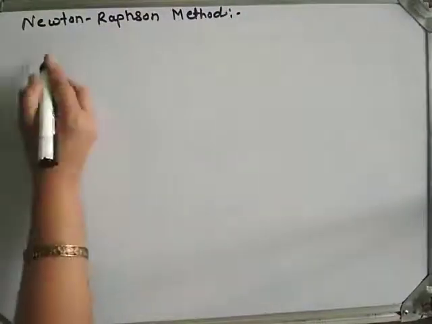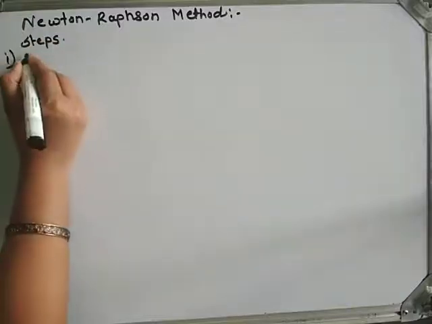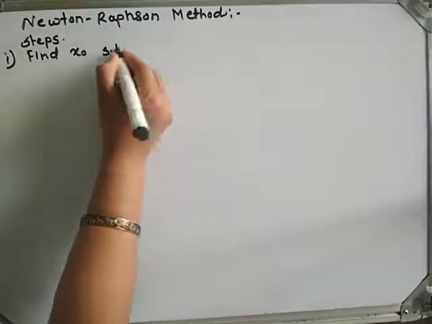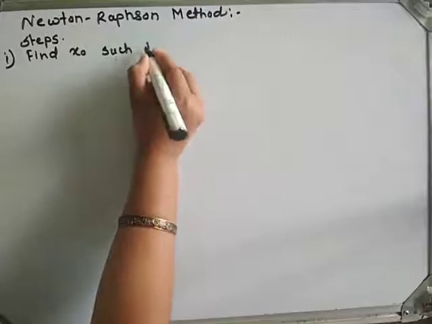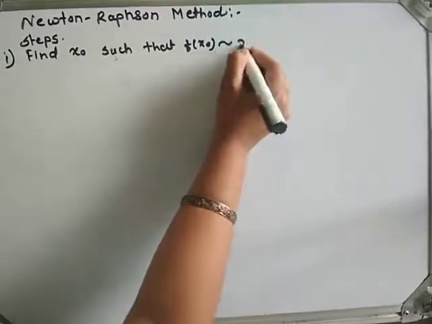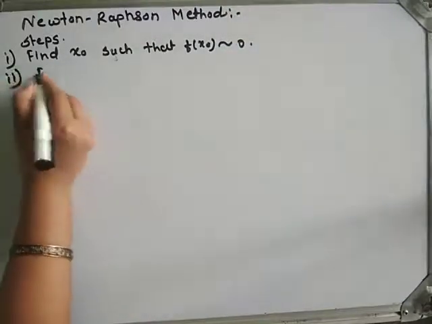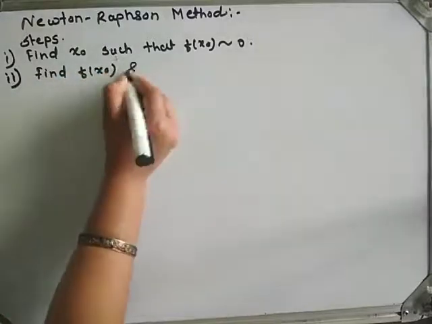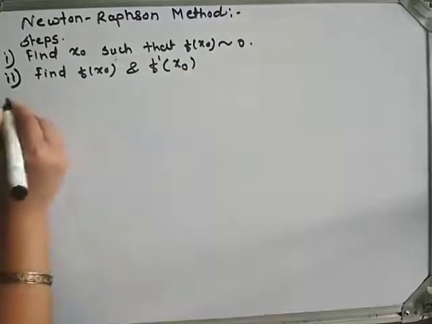First we will see the steps. The first step is we have to find x0 such that f(x0) is approximately equal to 0. Second step is we have to find f(x0) and f'(x0).